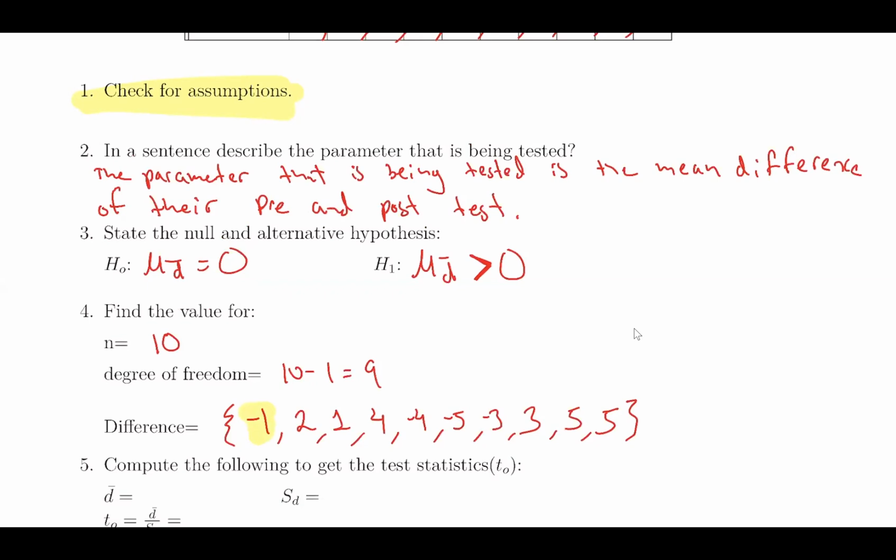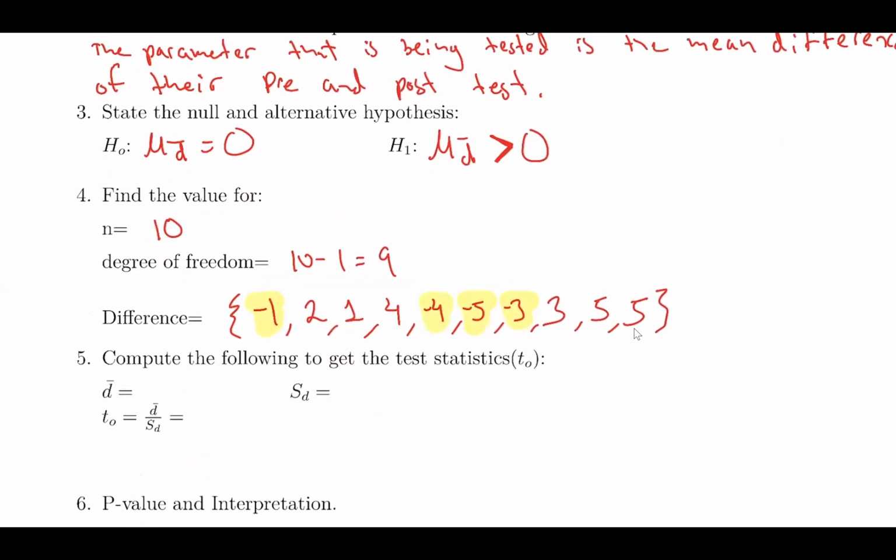Their score actually went down by 1 point. If you look at this person over here, their score went down by 4 points. This person went down by 5 points. And lastly, this person went down by 3 points. So not everybody did better. There were some people who actually got worse in the post test.